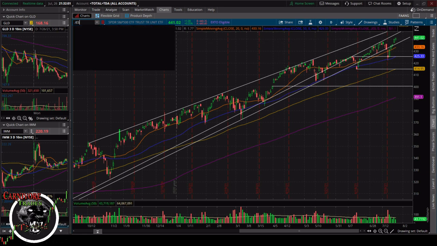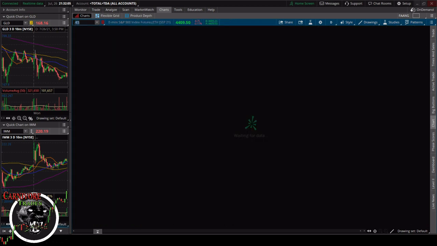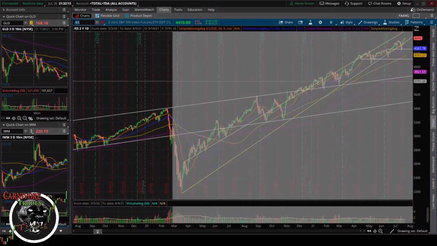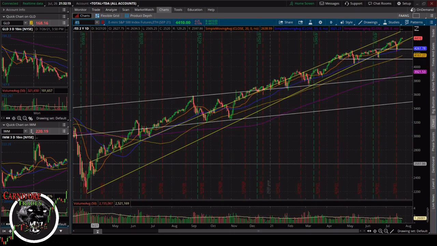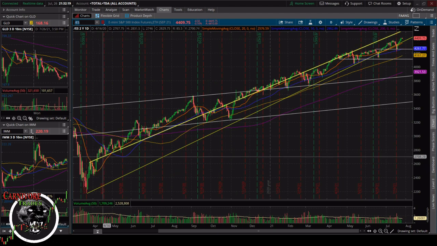Now if we look at the ES, I've kept this level on the E-mini because it's been such a valuable level to me. Look at this upper yellow line, forget the lower one. I've had this level on here for a very long time. Notice we had the highs in March 2020. We pulled back, and then we made this a support level.